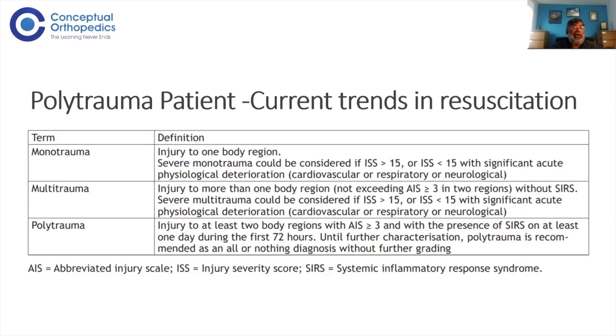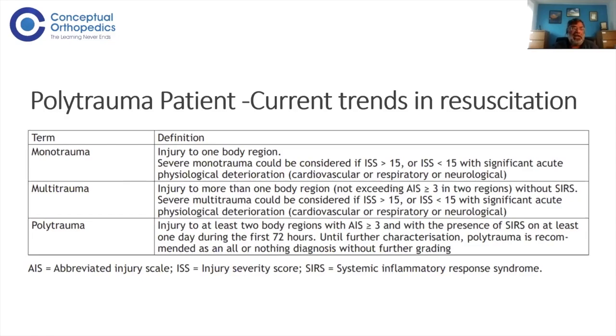Although by definition a multiple fracture is just an extremity injury with multiple fractures, sometimes we use the term for polytrauma, because some people define polytrauma only as an ISS of more than 16, 17, or 18, and you could achieve that by multiple fractures alone. So it is not a well-defined definition, but philosophically we know polytrauma is a serious injury.